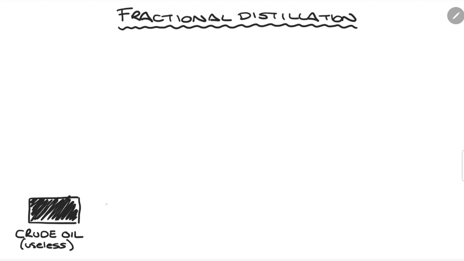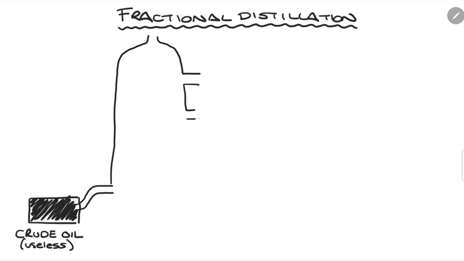Fractional distillation operates in the following way. We pipe the crude oil into a large metal tube, a very large vertical metal tube which has a series of pipes coming off the side of it, and they'll become important in a second.